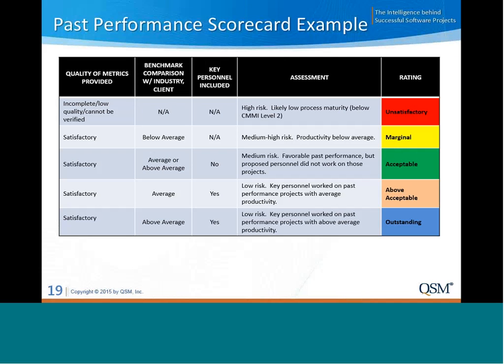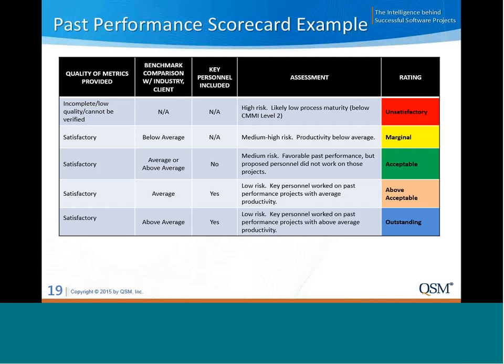So if productivity is below average versus the comparison data set, then the vendor might be rated marginal, for example. But if the productivity is average or above average, you obviously would rate them better. But if the proposed key personnel did not work on the past performance projects, then there would still be some risk.